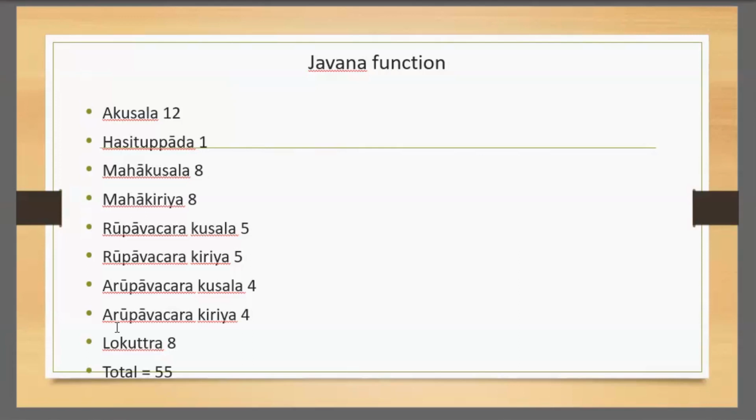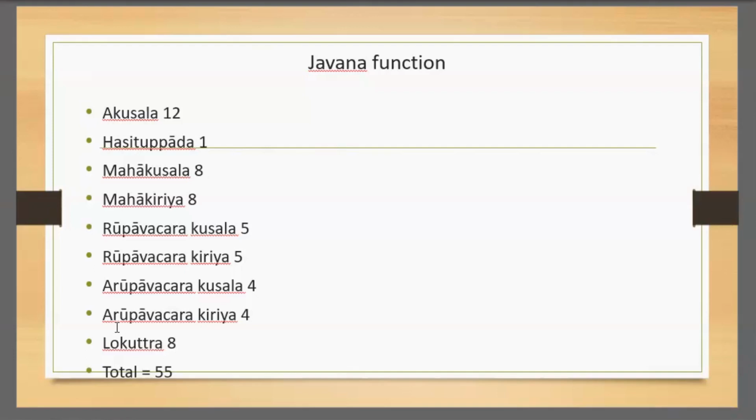But these Chittas are different. They have more and more power or strength. They also have the same lifespan, but Javana means they have more and more strength. That's why we call them Javana. They are stronger than other Chittas. So how many? There are 55 Javana Chittas.